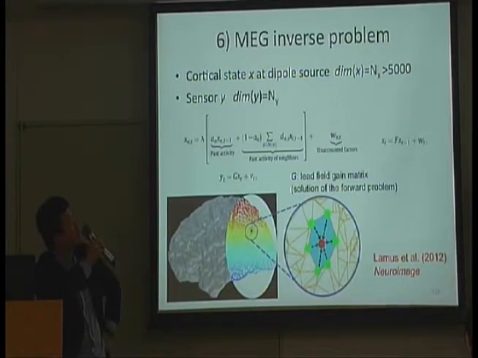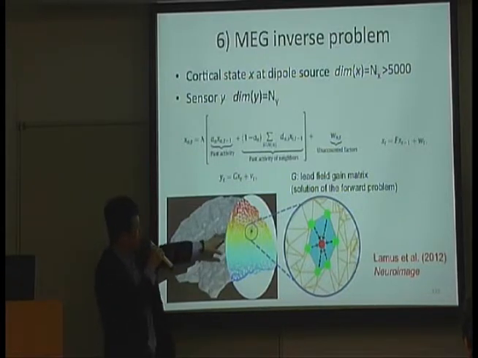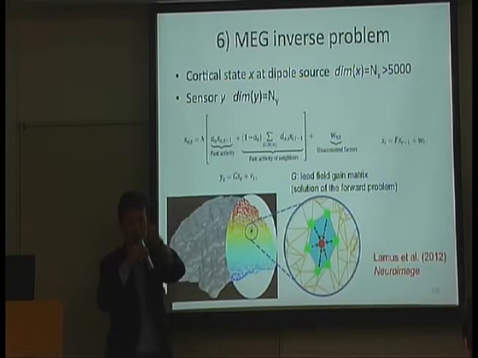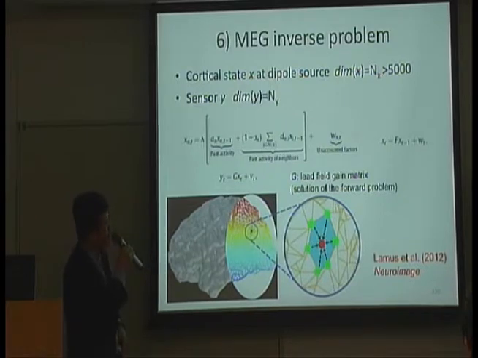In this case, the MEG inverse problem has as the state variable of interest your dipoles. Any realistic model of dipoles is greater than the order of thousands. In this case, it's on the order of 5,000, because you can think of it as a three-dimensional field inside the brain.